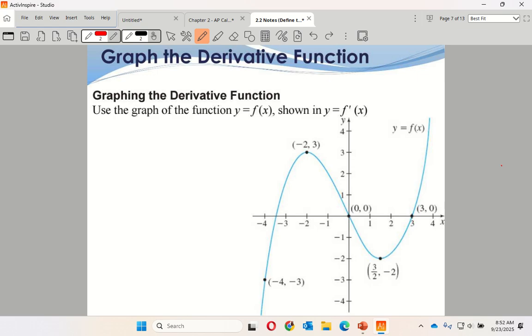Yeah, but I think our last one kind of got you on there. Where is the slope zero? Oh, yeah. Right here, right? Slope zero is here. Where else is slope zero?